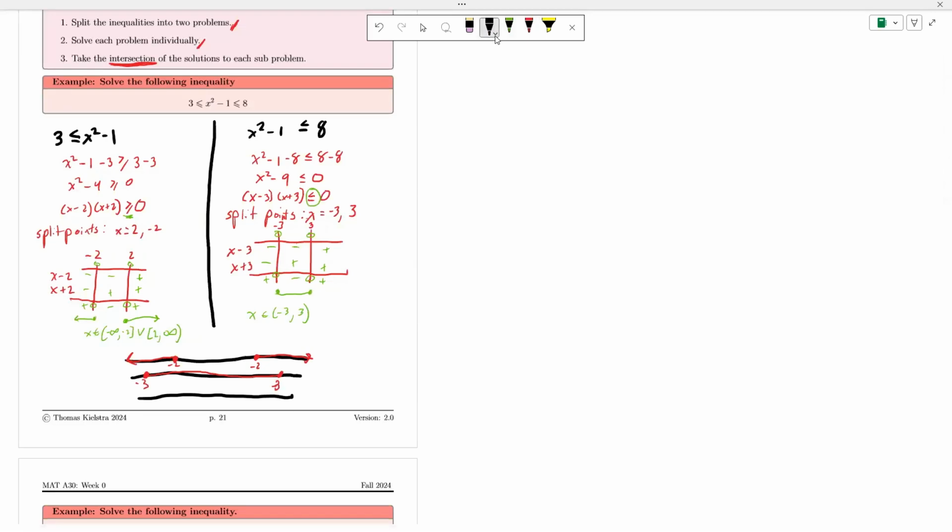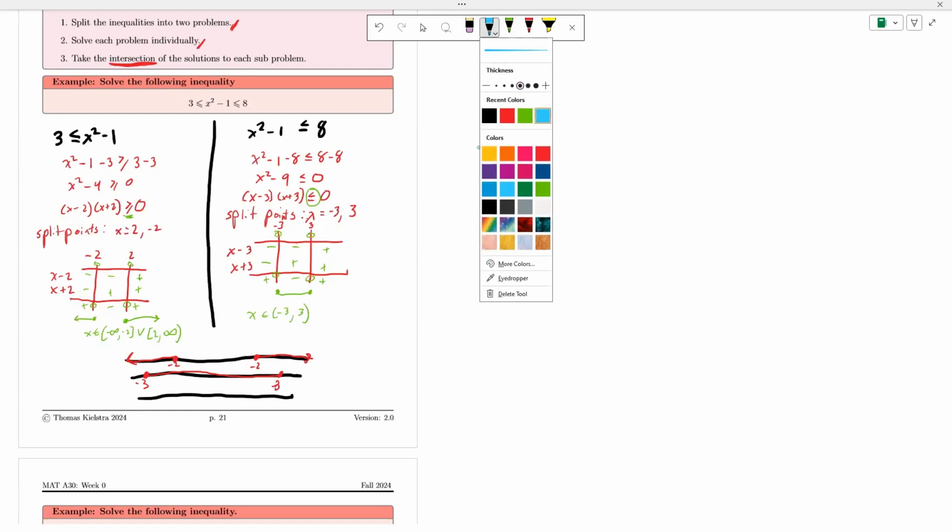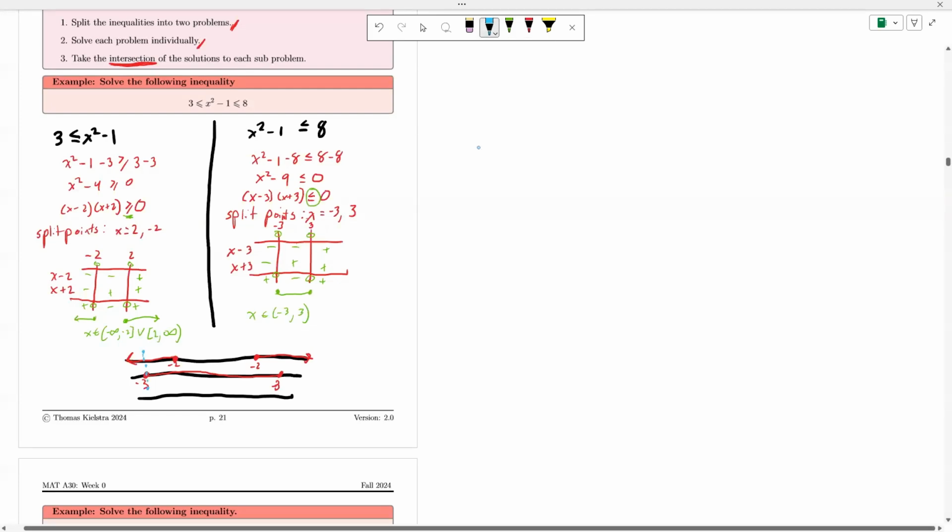And now I'm going to intersect them. And I'm going to take the key points of all my lines, wherever it goes from being there to not being there. And I'm going to take everything that is in both of these lines, or in all of these lines. So minus 3 is in both lines up until minus 2.